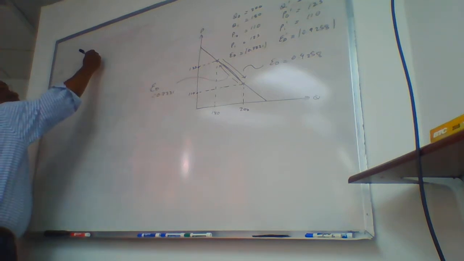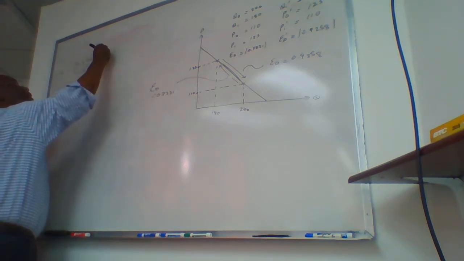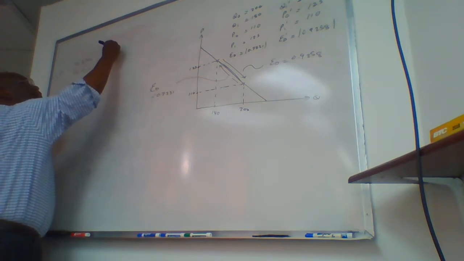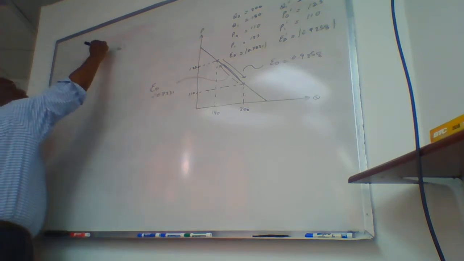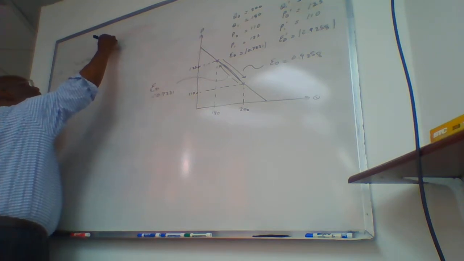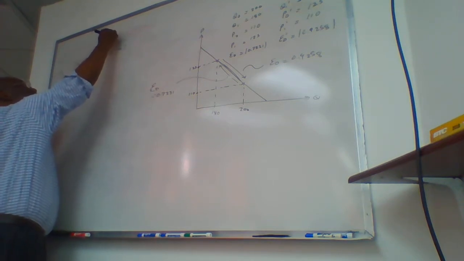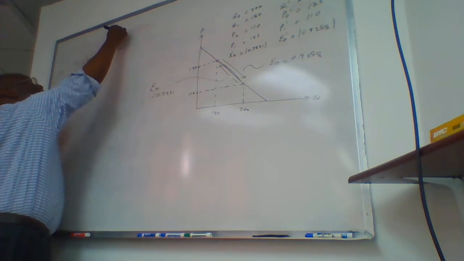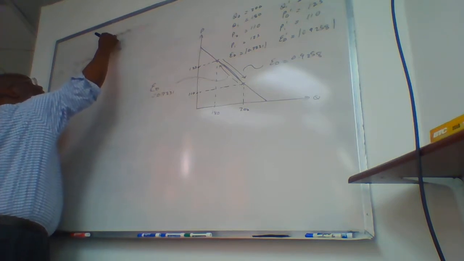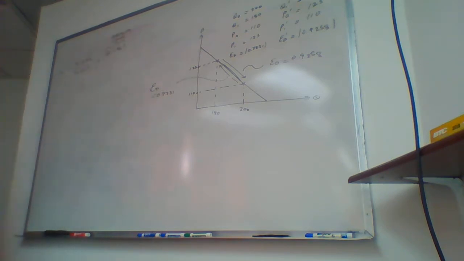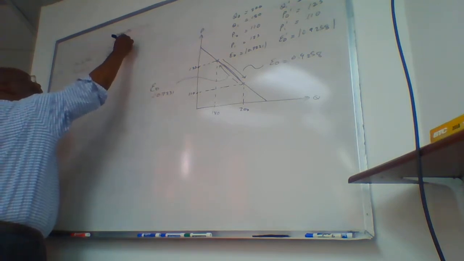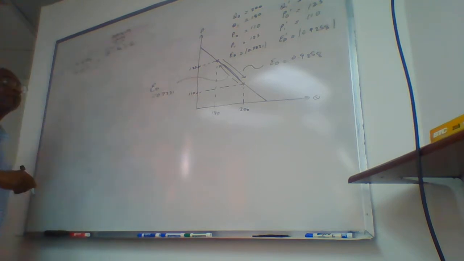To break this down, Q1 minus Q0 is the absolute change, what it was and what it is now, and then we divided that by the previous value.